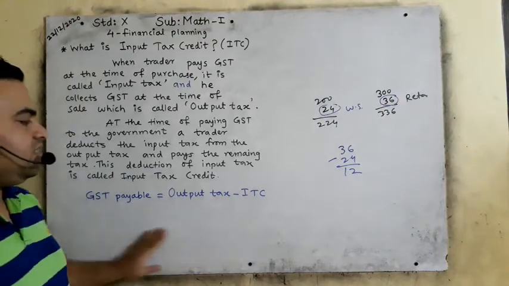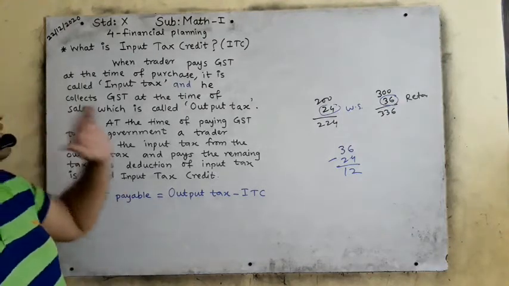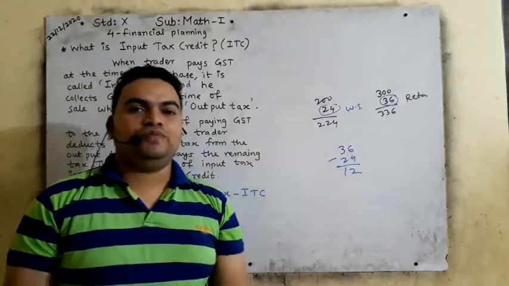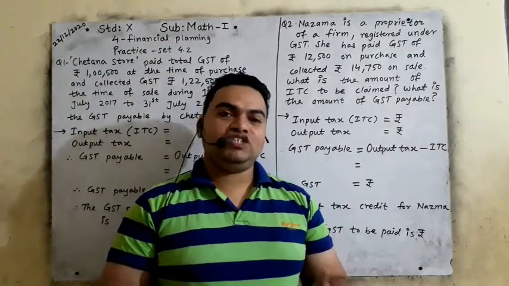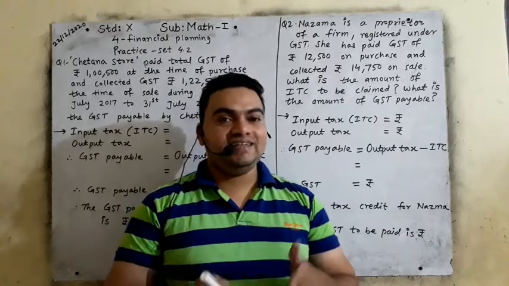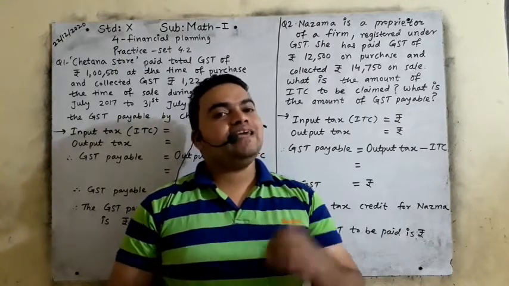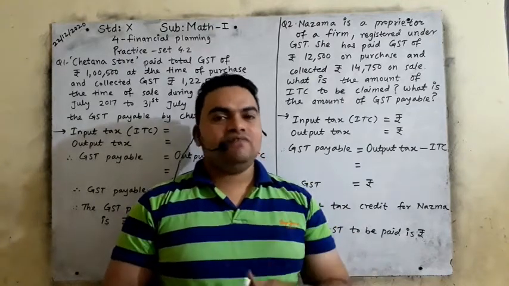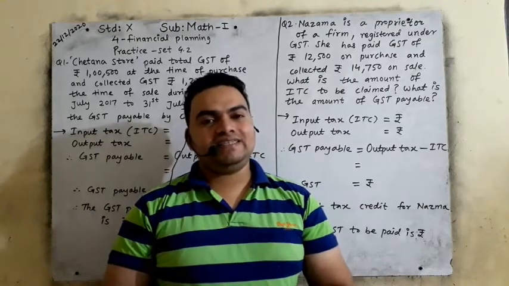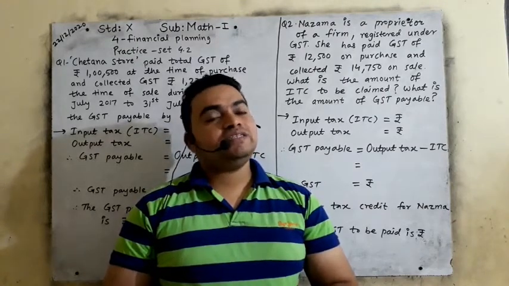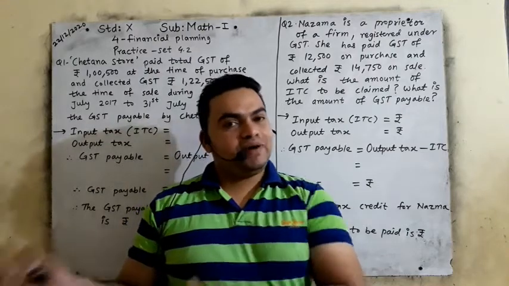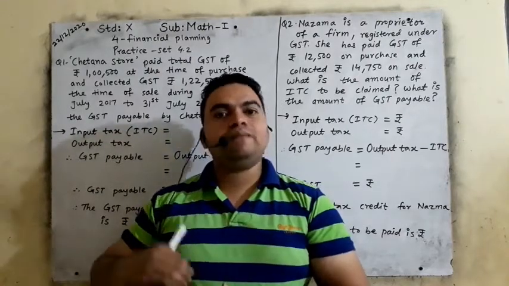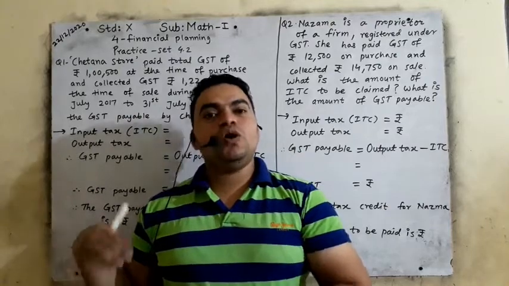Okay, so this is the formula, and now we will start the practice set 4.2. So my dear students, now after the explanation of GST in trading chain and what is input tax credit, we will start the practice set 4.2. Again as a revision I will explain you. At the time of purchasing a product, you are paying GST, that is called input.